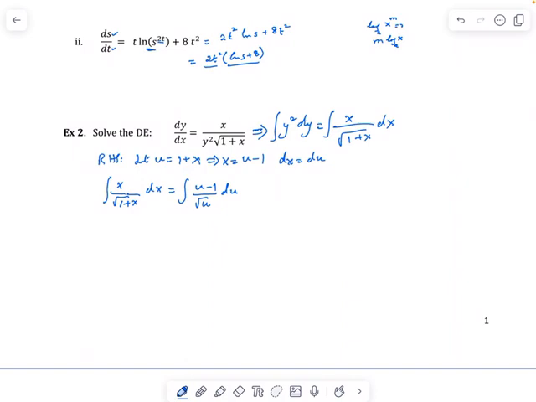How do we proceed now? If you recall, there is no quotient rule for integrals. So we have to use our rules of exponents and basic algebra.